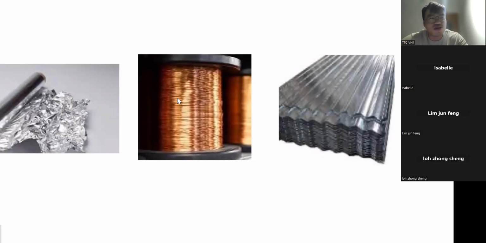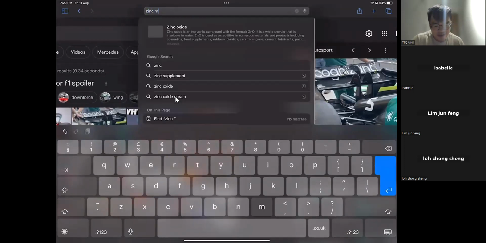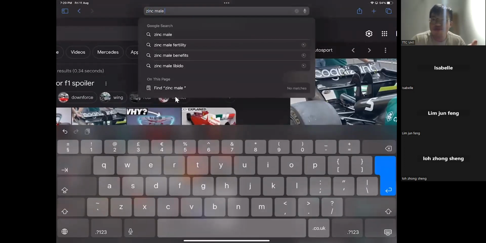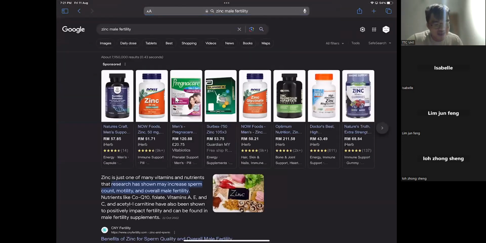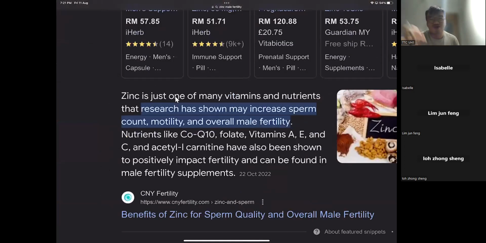You need zinc to keep your balls healthy. Go Google zinc male health. There you see male fertility. You see? Increase sperm count. I don't lie to you.